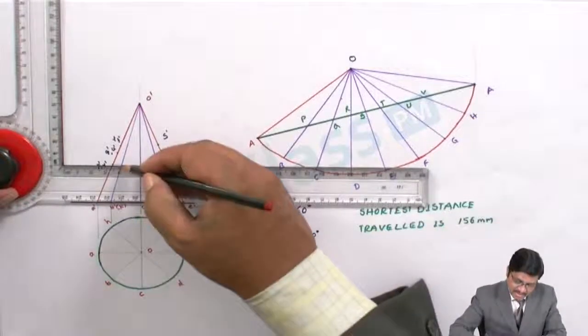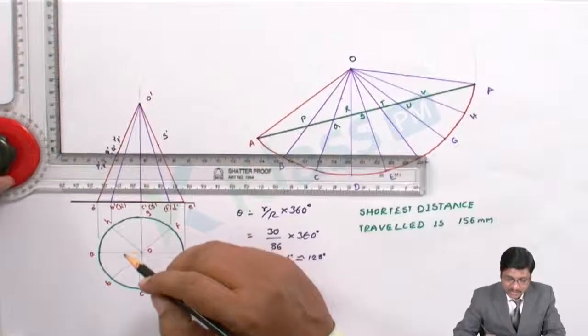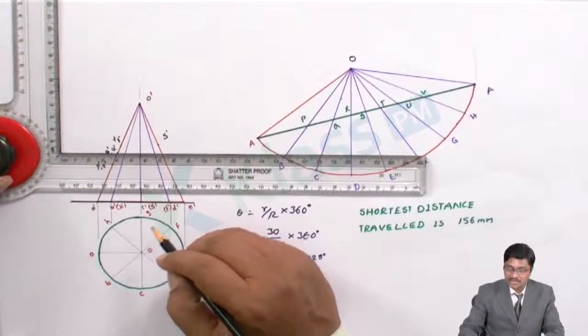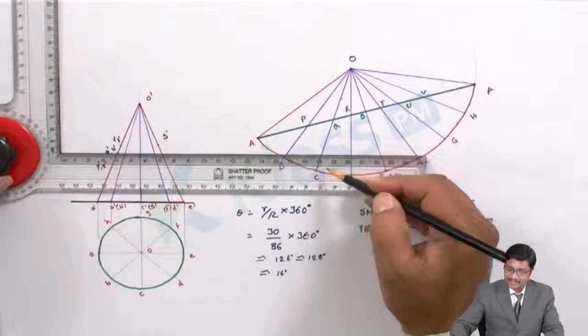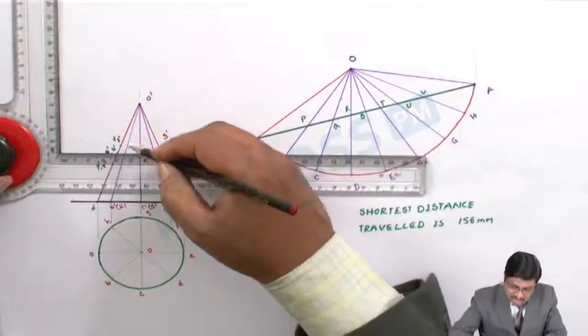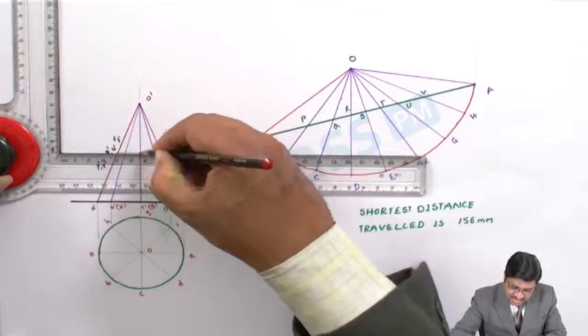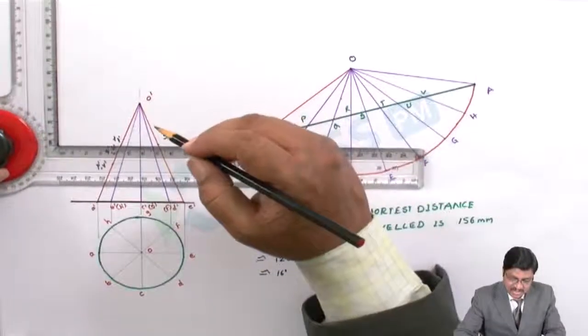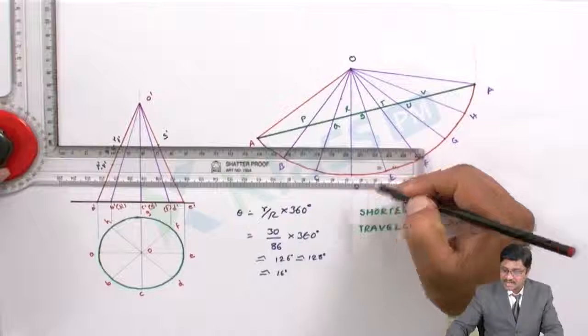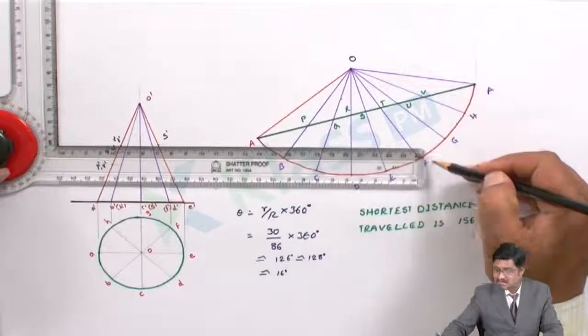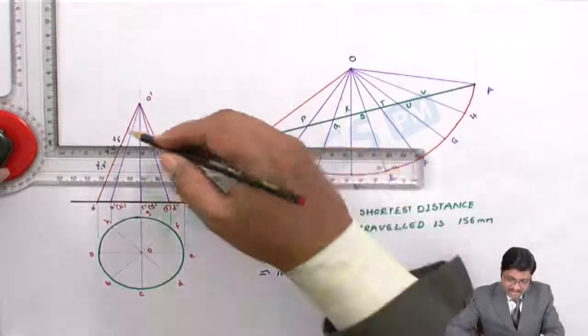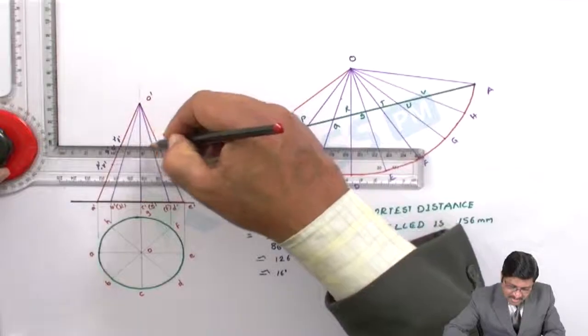That common point here also. Next Q and U. Q is on C, U is on G. So it has to be the common distance, transferred onto the respective generators. Next R and T. R is on D, T is on F, so F and D are the common ones. It has to be transferred onto the respective generators.